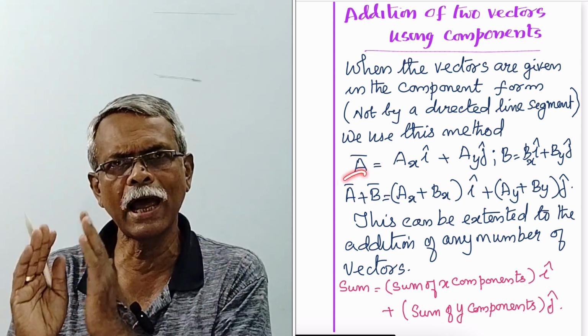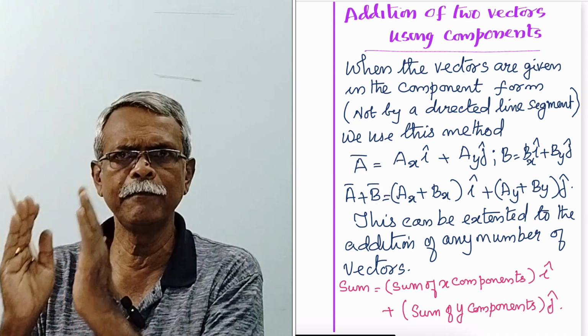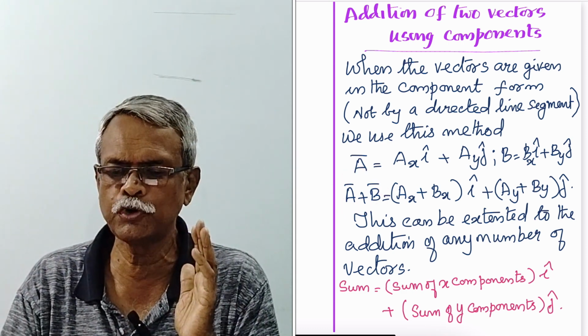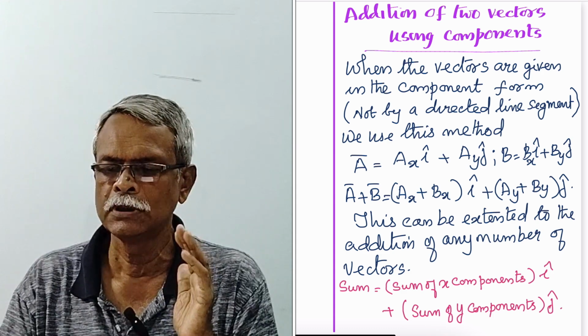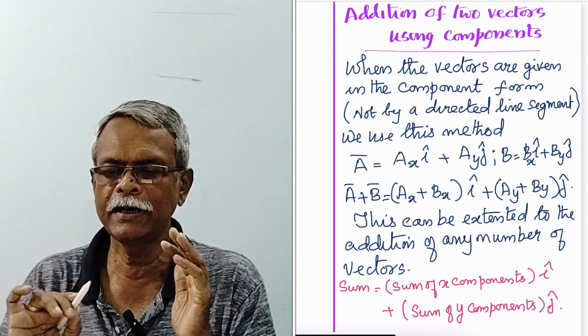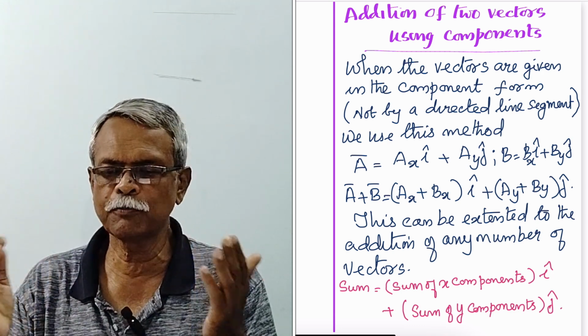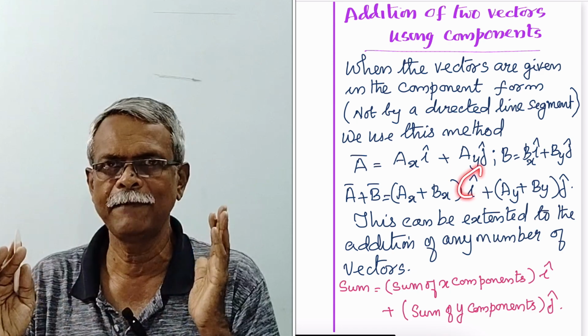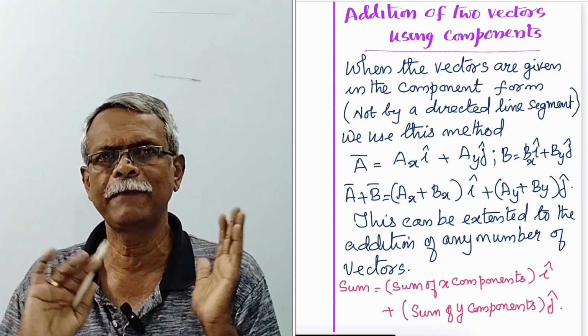And similarly, you add Ay and By and put a j there. For example, this is 2, this is 2, this is 1, this is 1. Then you have 2 plus 1 i plus 2 plus 1 j. That is 3i plus 3j.